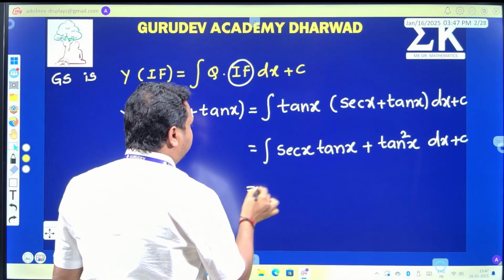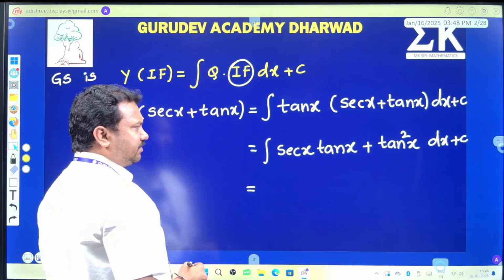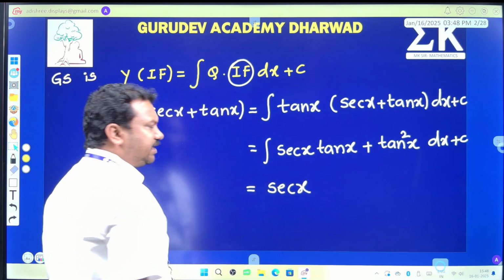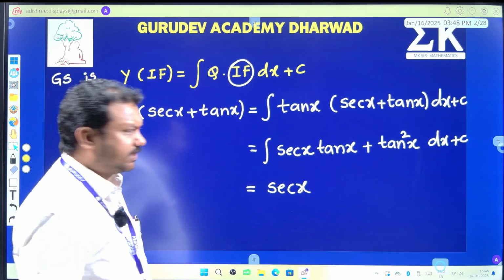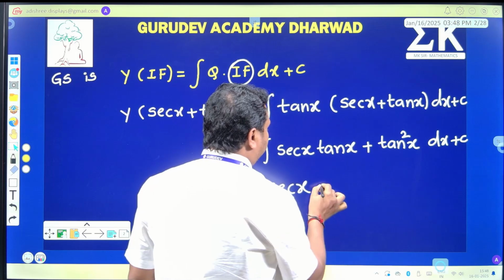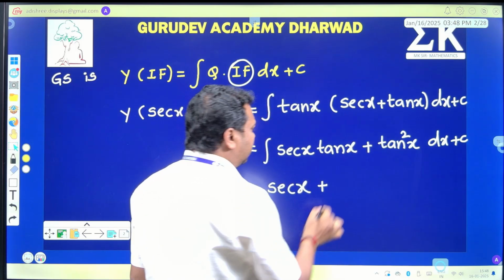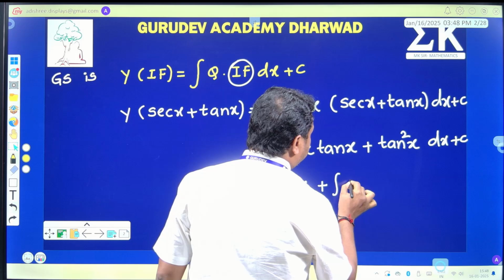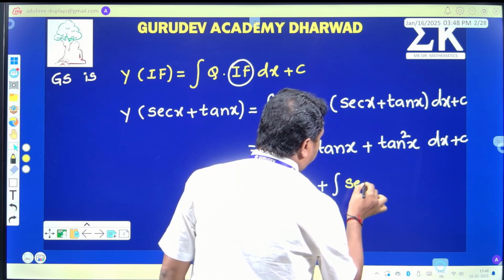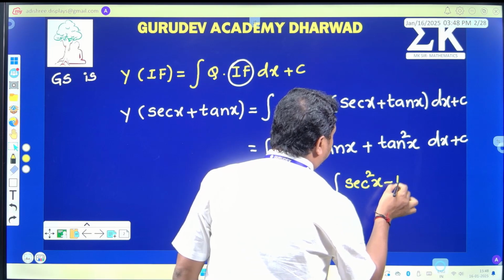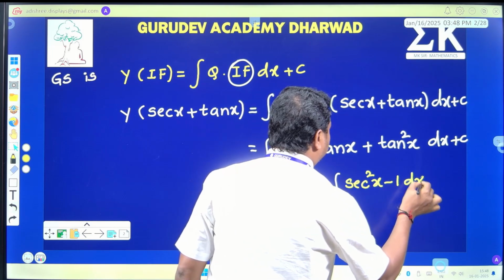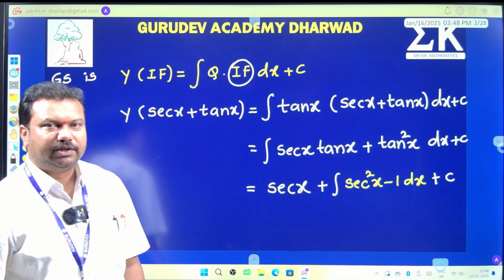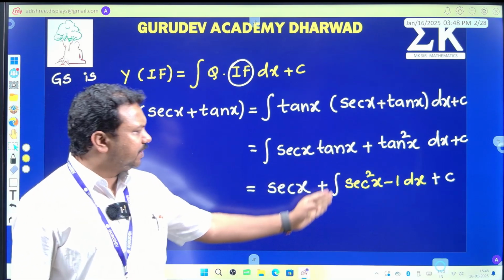Now, what is the integration of secant x into tan x? It is nothing but secant x, because the differentiation of secant x is secant x into tan x. Therefore, your answer is secant x here. Now, how about the second function? You don't know the integration of tan square x, right? So let me rewrite tan square x as secant square x minus 1. Why? Because you know that 1 plus tan square theta is secant square theta. Therefore, tan square theta becomes secant square theta minus 1.